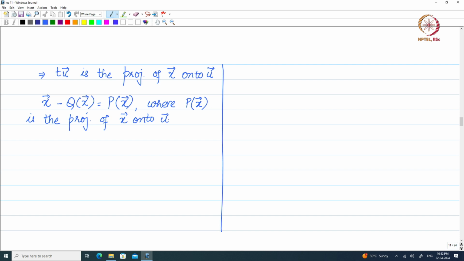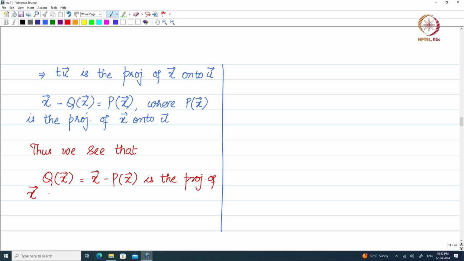Thus we see that q of x is equal to x minus p of x, which is the projection of the vector x onto the plane p pi passing through the origin and orthogonal to the vector u.